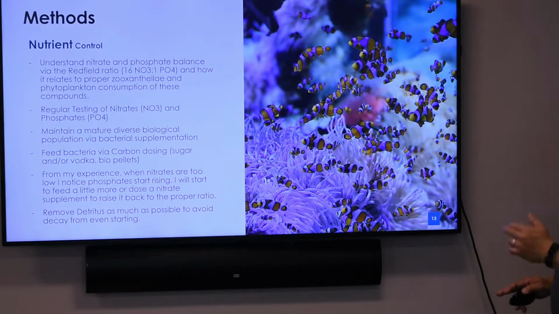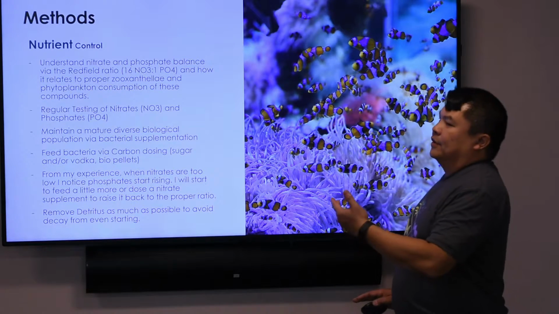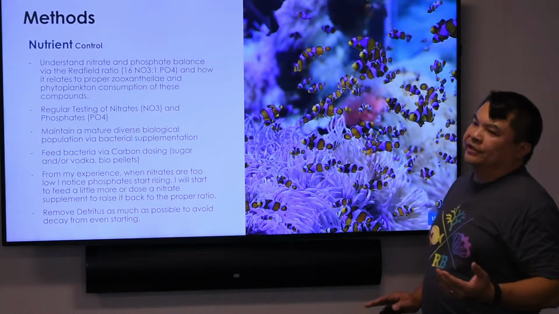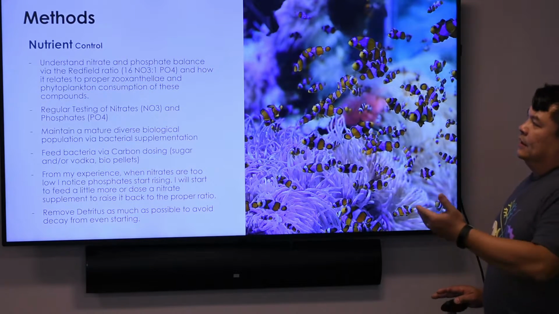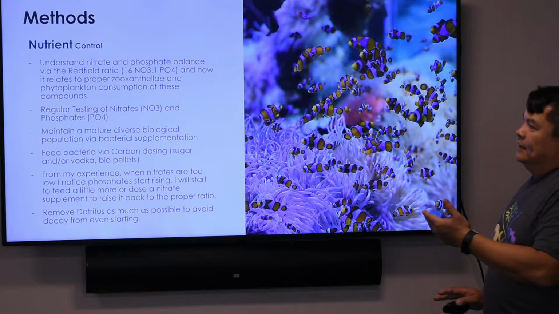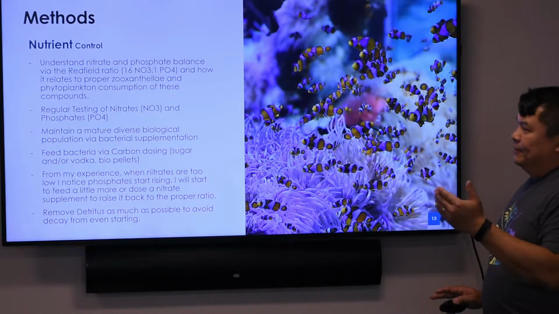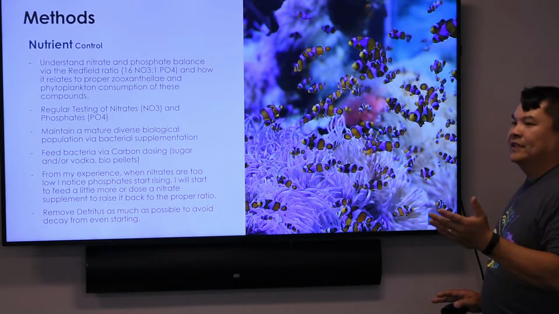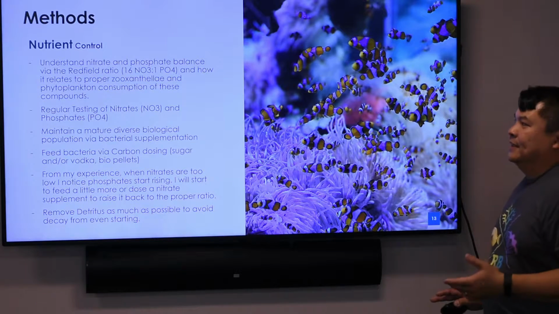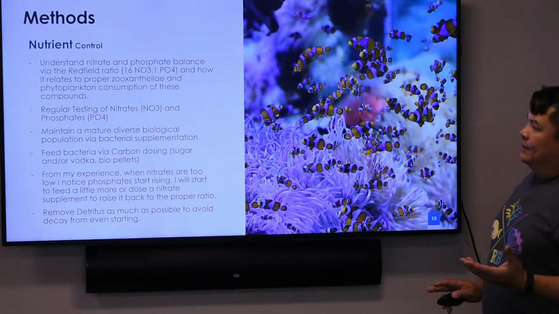Nutrient control. One of the things that we've discussed online has been what they call the Redfield ratio. The Redfield ratio is when they looked at a cellular level at what is in the zooxanthellae, and they always find close to a 16:1 nitrate to phosphate ratio in the cell, in the actual organisms.